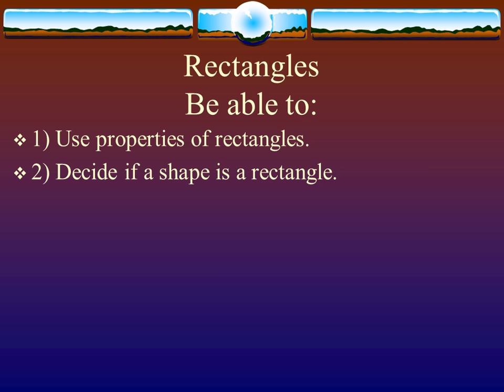What we're going to do with rectangles, same thing we did with parallelograms last time. Some problems, they'll tell you it's a rectangle, and then you use the properties to figure out things. Other problems, they'll give you a 4-sided figure, and they'll say, decide whether this is a rectangle or not. And we're going to learn how to prove that it's a rectangle, just like we did last time with parallelograms.